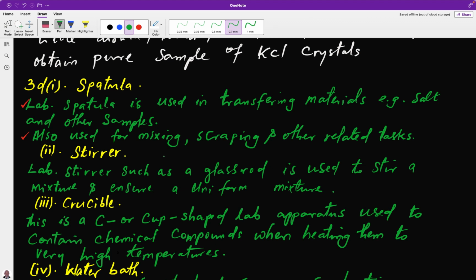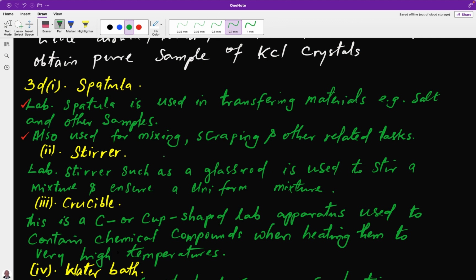Stirrer. Laboratory stirrer, such as a glass rod. A stirrer is something like a glass rod. Like when you were heating the solution, I told you in the previous question, when you are heating the solution in a beaker or in a conical flask, you are stirring it to make sure that there is uniform heating. And the type of stirrer that you usually use is the glass rod.